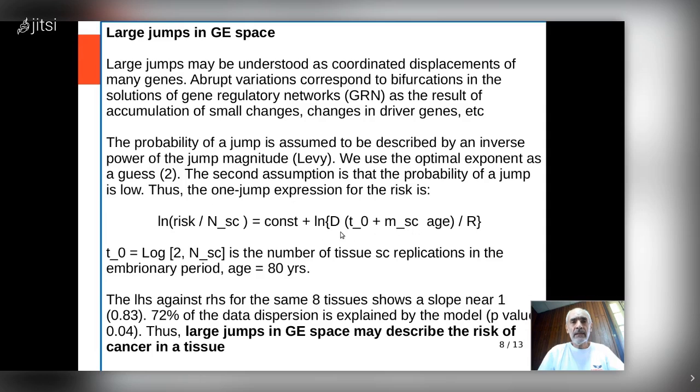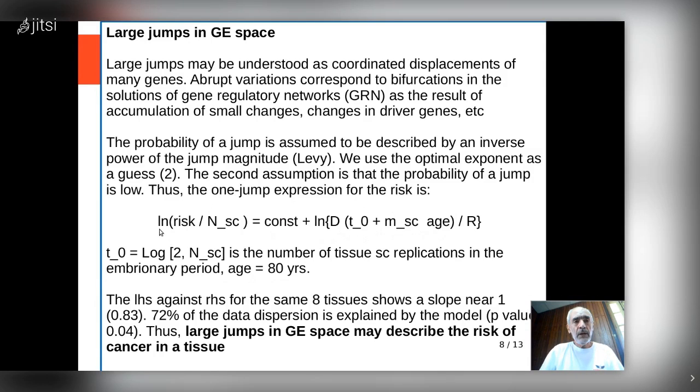This is important because for some tissues, for example lung, this component of time is even larger than the other component of time. And then we made this precision. This expression in parentheses is time again. The lifetime risk corresponds to an age of 80 years. Okay?